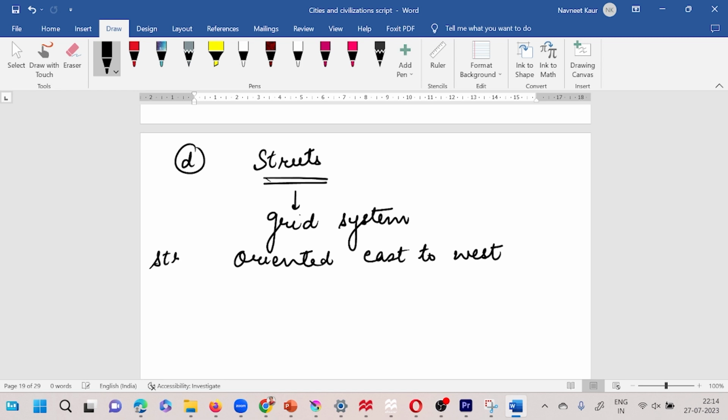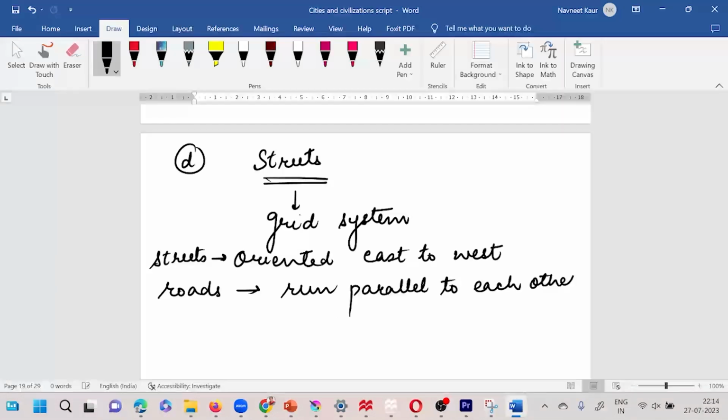The roads ran parallel to each other, and they were cut at right angles by smaller roads.